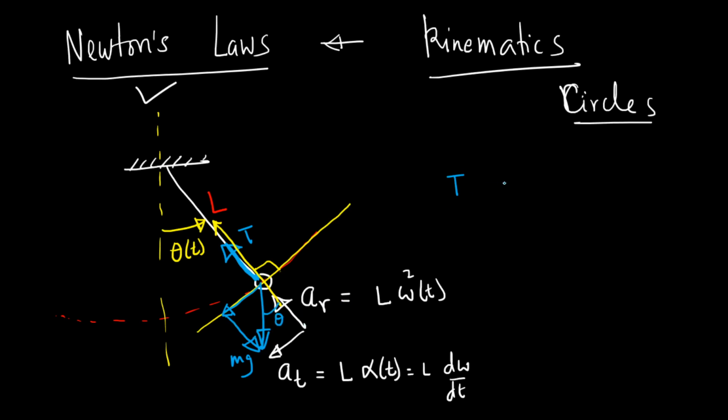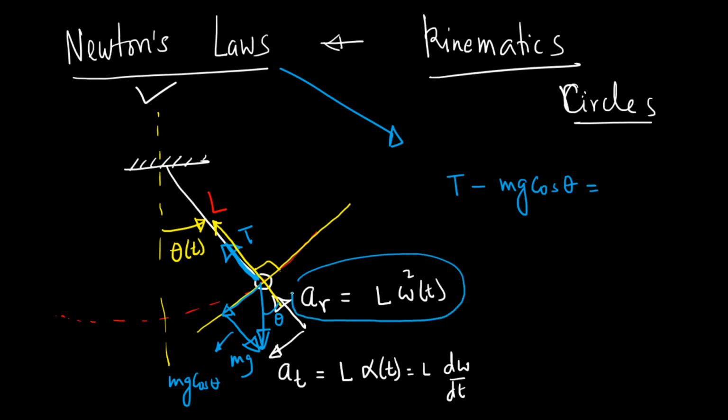Now that means that the radial direction force is mg cos theta, and already I'm ready to write an equation which is coming straight from Newton's law. At that instant of time, T minus mg cos theta, mind you, I'm writing the force towards the center of the circle, that's why T gets a positive sign, mg cos theta gets a minus sign, is equal to the acceleration in the radial direction, which happens to be this.